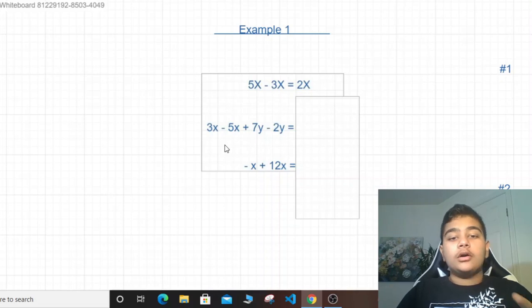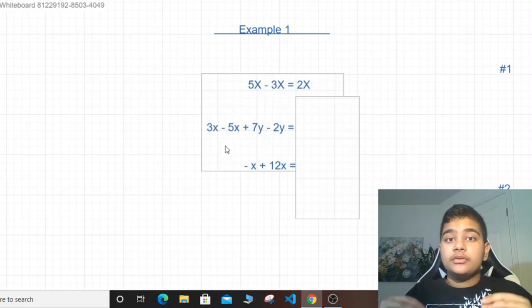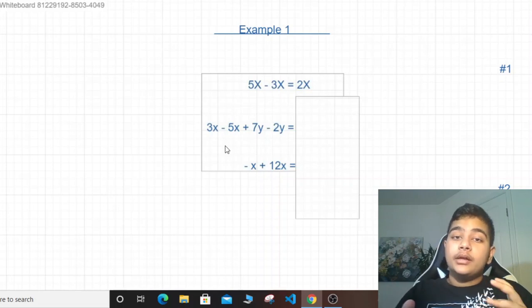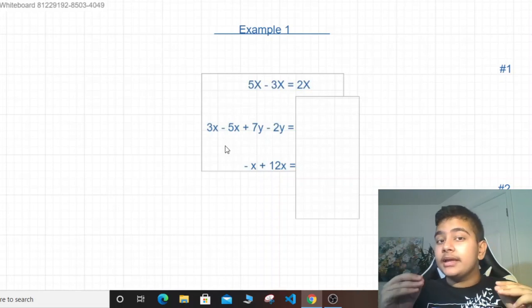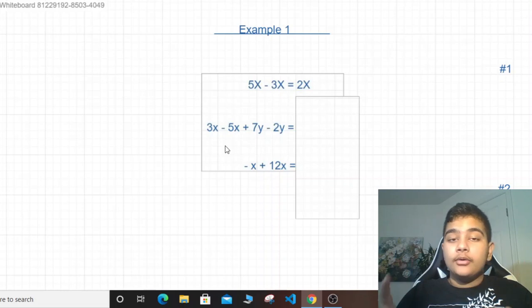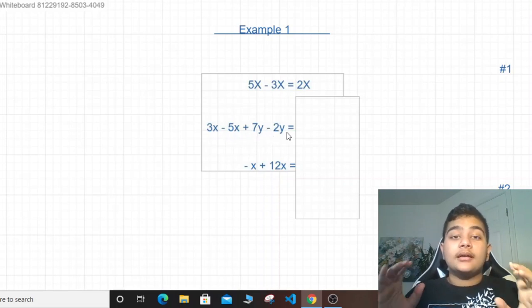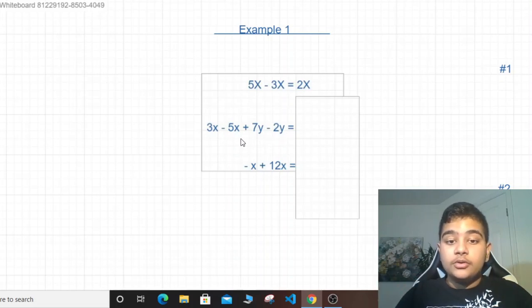We have a longer one here, but I put this one so we would know that if it's not the same variable, it cannot go together, it cannot interact with each other. We have 3x minus by 5x plus 7y minus by 2y. So first, let's separate them into two different categories because of two different variables.